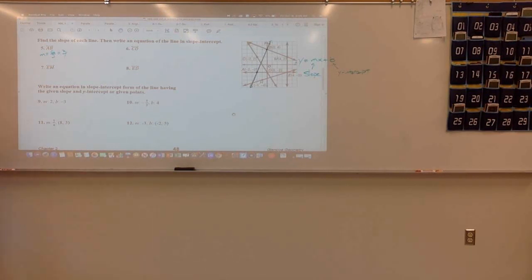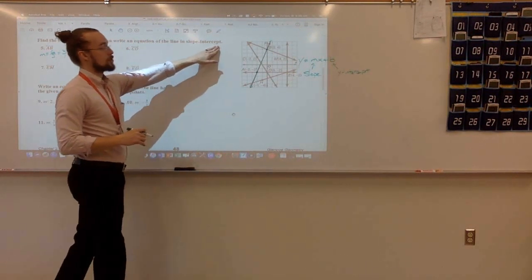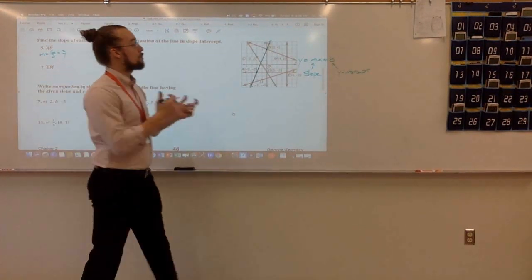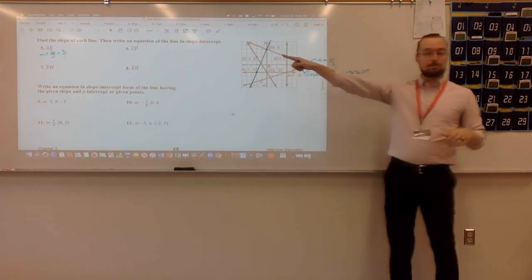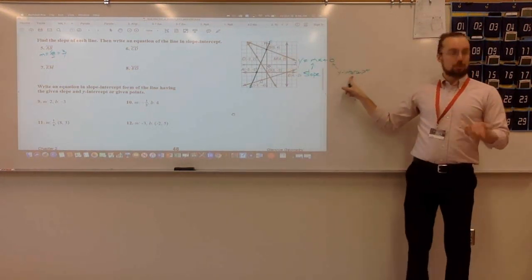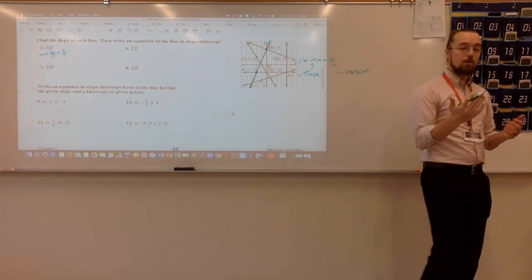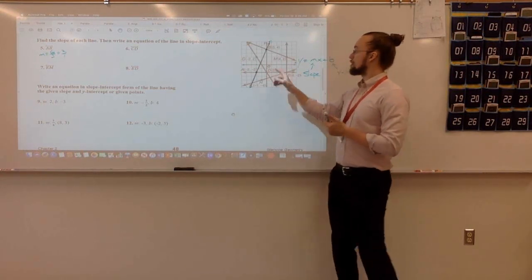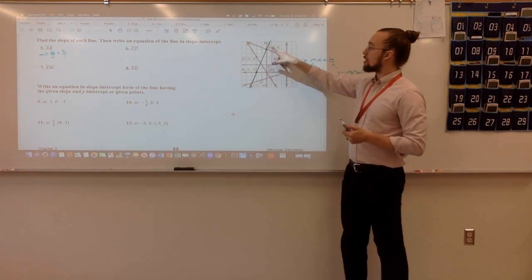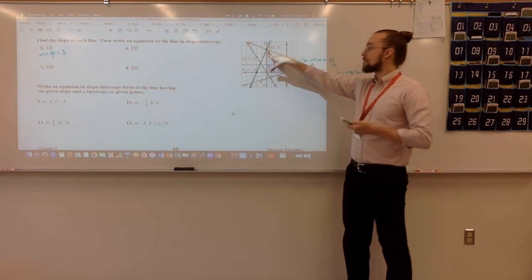Now, it says I want to write the equation of the line in slope-intercept form. Well, the 2 pieces of information I need to write the equation are the slope, which we just found, and the y-intercept. The y-intercept is just wherever the line crosses the y-axis. So again, I can just look at the graph and get that information. This line crosses the y-axis at 4.